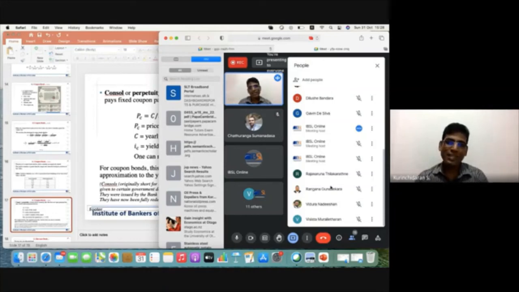But the basic concept is, when it comes to valuation, let's assume, okay, I don't know whether it's an appropriate example, you are going to buy a person. How do you value him?